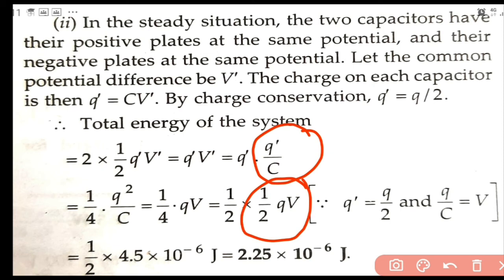So 2C comes, and V becomes the common potential. So you just find the common potential, you have the expression for it, and you use the equation half CV square, where C is the effective capacitance of that parallel combination and V is the common potential. So you will be getting the same answer. That logic you can also apply here.